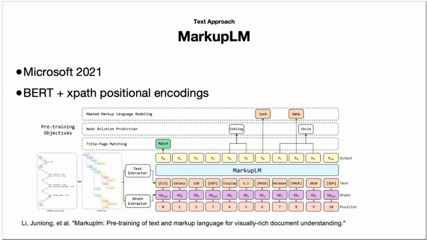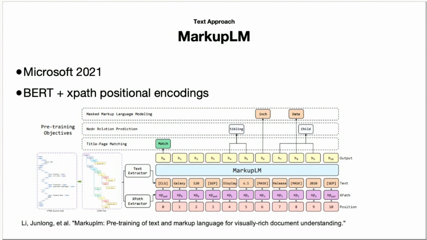So there's this XPath extractor. The XPath is just a way to note which node in that tree the token exists in. And on top of the normal language model pre-training objectives, like masking out a word and guessing what the word is, it also has some pre-training objectives to make sure it understands the structure of a page.